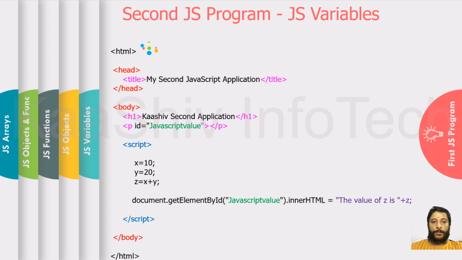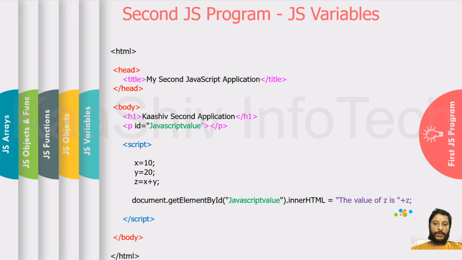Okay, let's see how the program works. You got your HTML here. And you got your head tag. You got your title tag here. And you got your slash head. You got your body. You got an h1 tag, processing, paragraph tag. You got a script tag, x is equal to 10, y is 20, z is equal to 30.